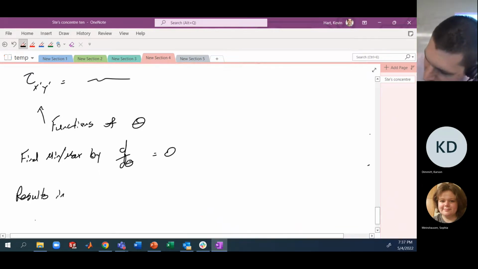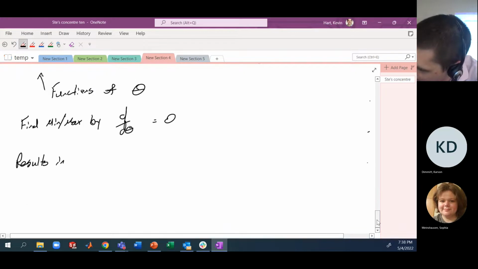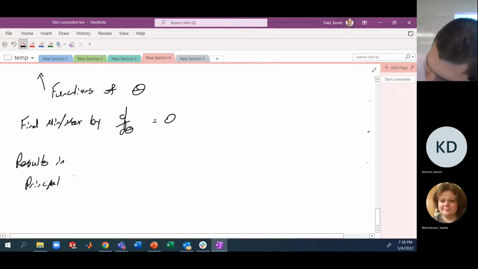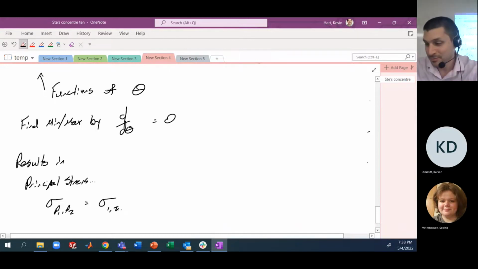Results in, I will draw it this way, principal stresses. Which might look like something like sigma P1 and P2. You might also just see it as sigma 1, 2. This is also another way that it's represented.